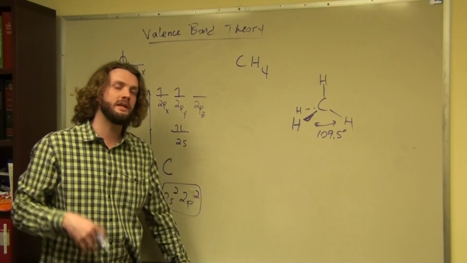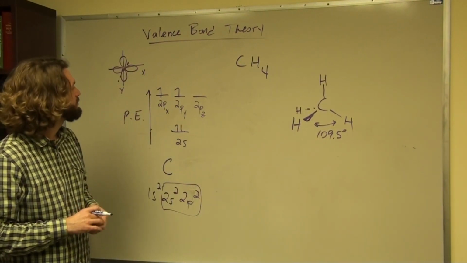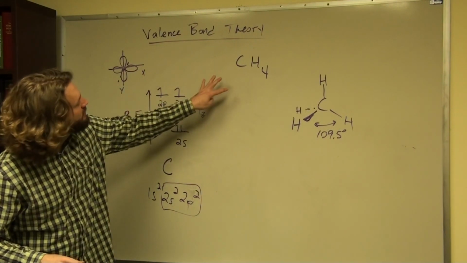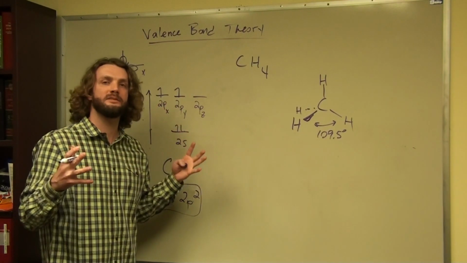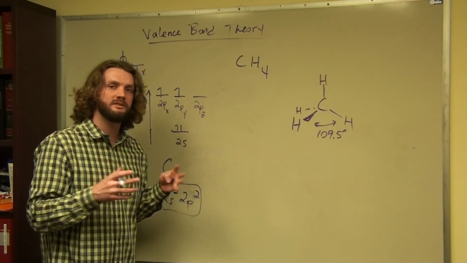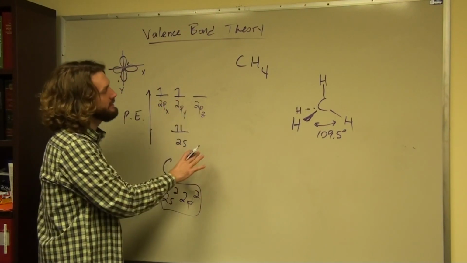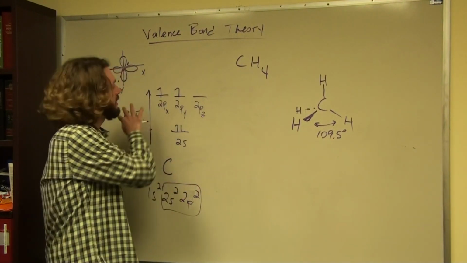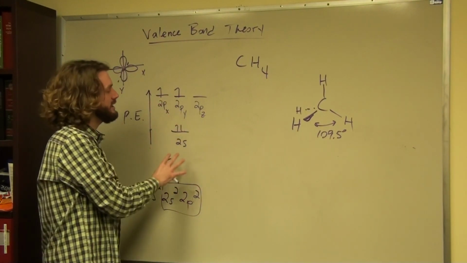And so what we teach happens, or what we assume happens, is that as you take these atoms and push them together in space to make these covalent bonds, which lead to this geometry, something has to happen that will allow carbon to make 4 bonds. So electrons have to be in all 4 of these orbitals, and they have to be pointed in the right shape. So it can't be these.